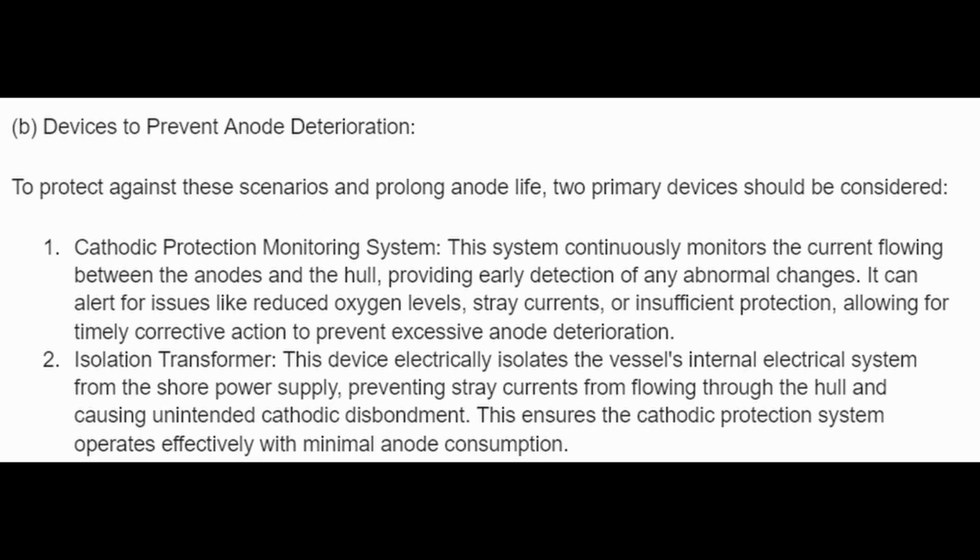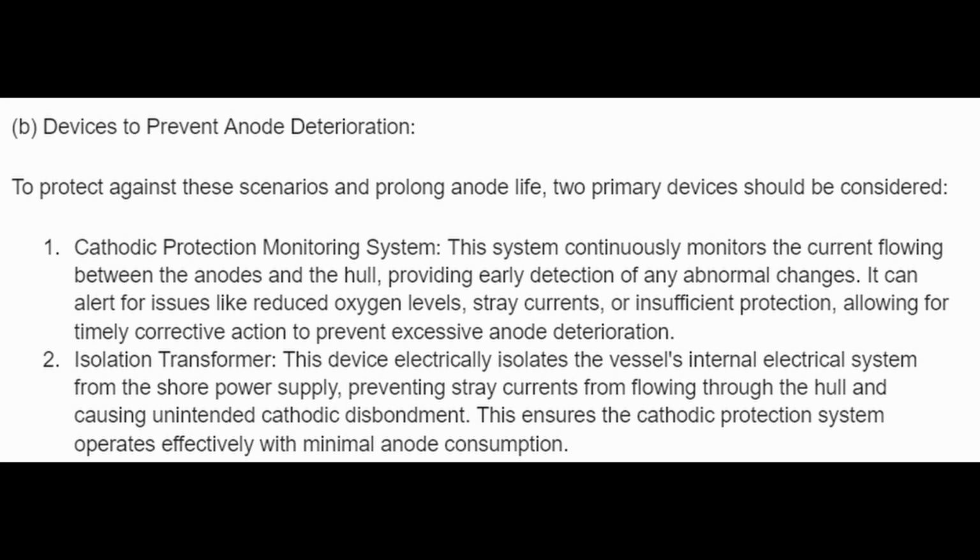B. Devices to prevent anode deterioration. To protect against these scenarios and prolong anode life, two primary devices should be considered. 1. Cathodic protection monitoring system.